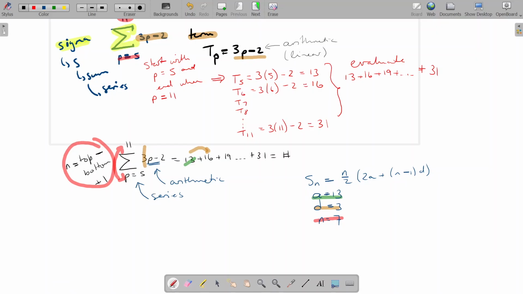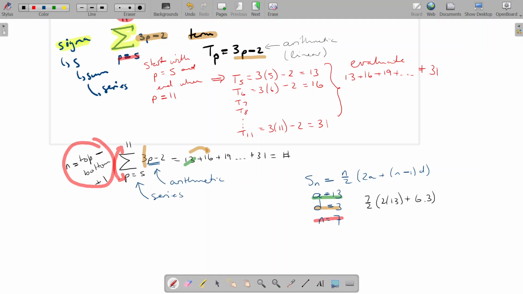Having identified my 3 variables, I'm going to plug them into this formula. The rest is now mechanical or simply calculator work. I'm going to get 7 over 2 times 2 times 13 plus 6 times 3.